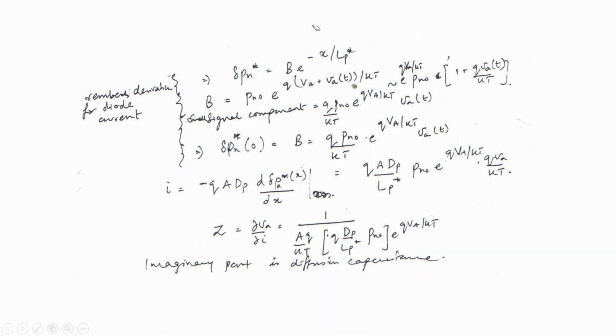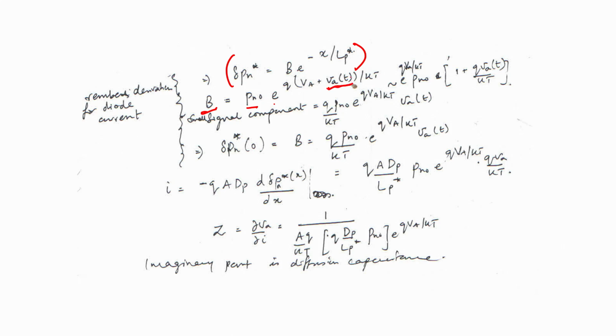And the solution to this differential equation is again given by this particular term here, where B is your injected minority carrier hole concentration at the depletion boundary on the n side, and that is equal to Pno e to the power. In the previous case we saw it as qVA by kT, but now it is going to be qVA plus the small signal va by kT.